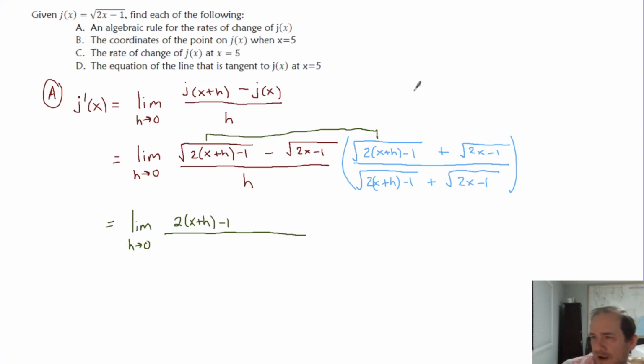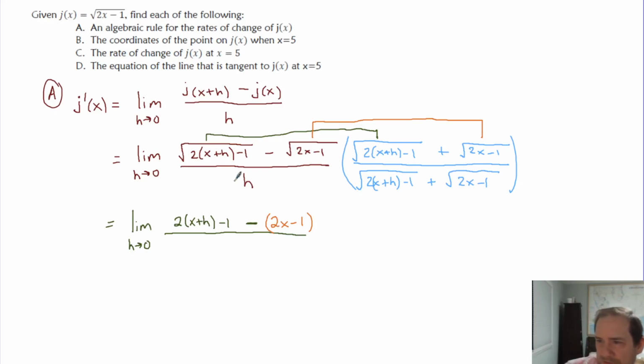Then when you go to do your outers and your inners, we know that those will cancel out, so I'm more concerned with just doing the last times the last, which again is another radical times itself, so you'll just get what was underneath. You get the 2x minus 1. I would put that in parentheses if I were you, because we know that we're going to subtract that whole thing, so that negative is going to want to distribute in onto that.